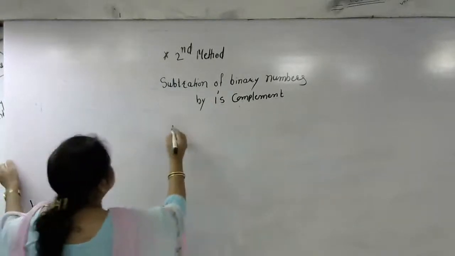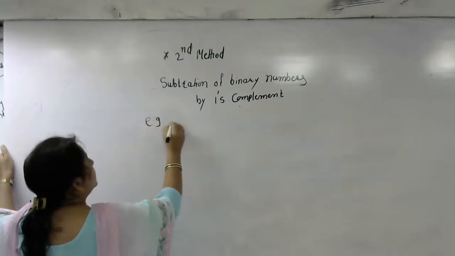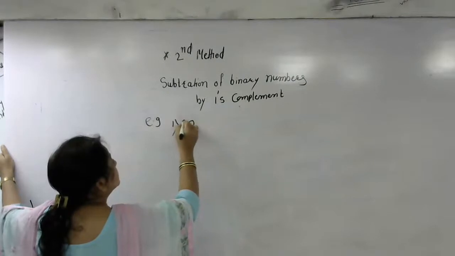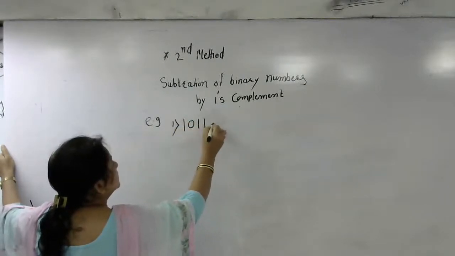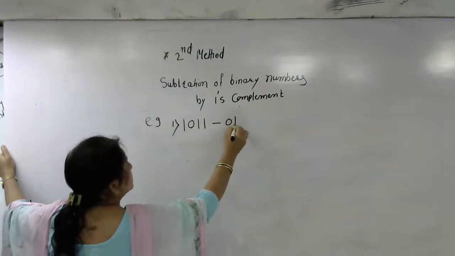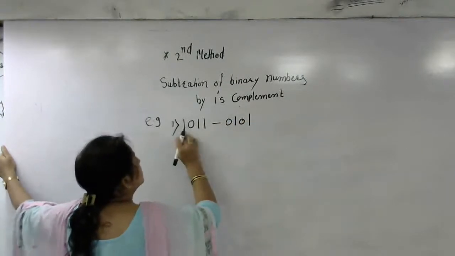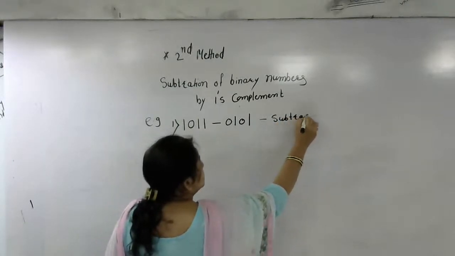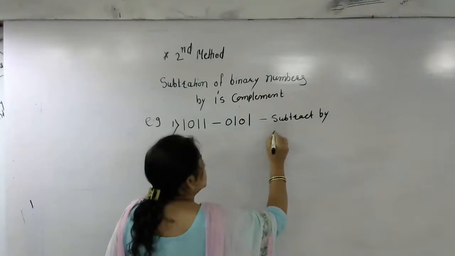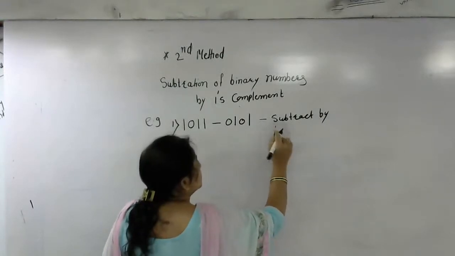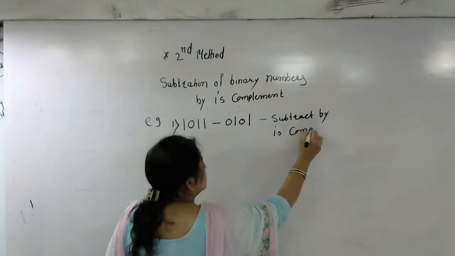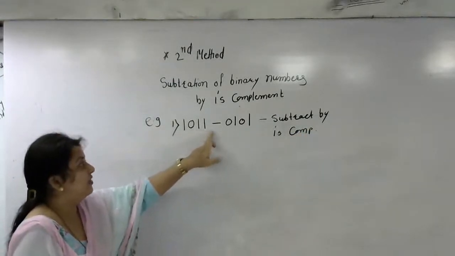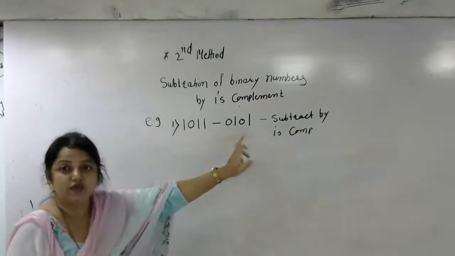For example, suppose your number A is 1011, B is 0101.